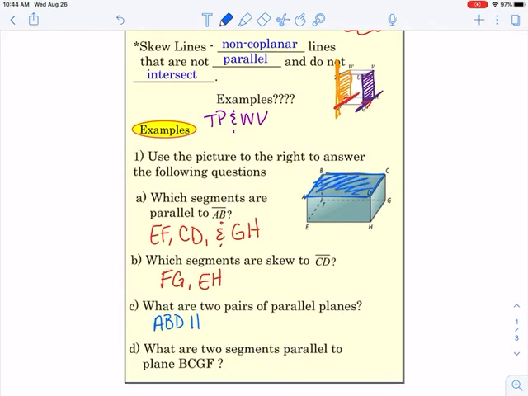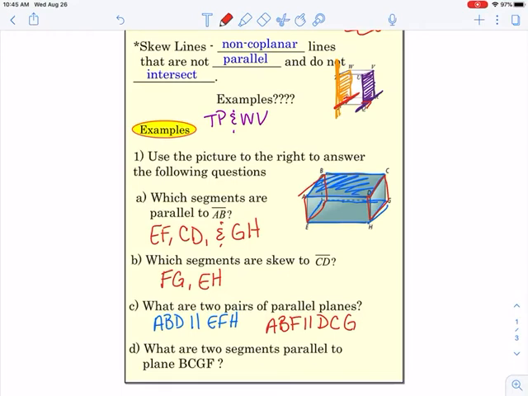So now I want the bottom side of that box, which is going to be down here. So ABD is going to be parallel to EFH. And then I'm going to do the other two sides of the box, that side and that side. So for that one, ABF is going to be parallel to DCG.